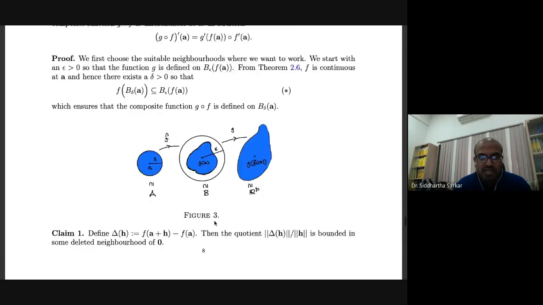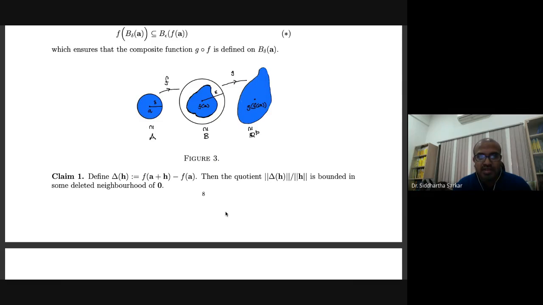Once you do this, the first approach is to estimate the difference f(a+h) minus f(a), and see what happens to this term if I take the norm of it and divide by norm of h. The first step is to show that this is a bounded term in some deleted neighborhood of 0.